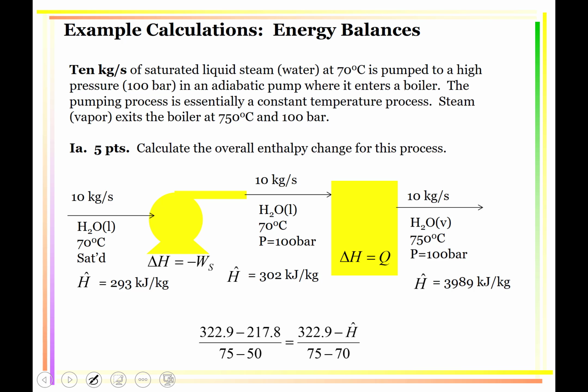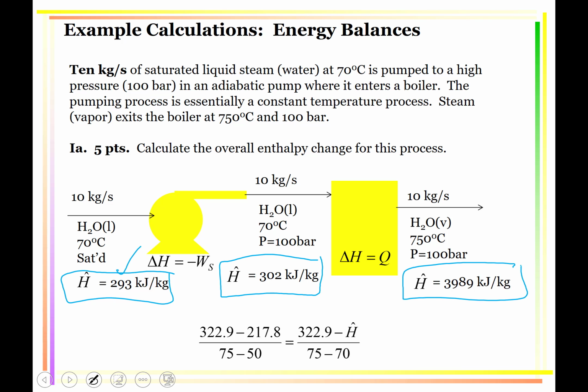Here I have found them, but I urge you to look on the steam tables and find these values of steam. And if you cannot find them, then you should come to office hours and get help, or ask in class. So we have the values at these three different states. This one here is an unusual state. This is subcooled liquid.